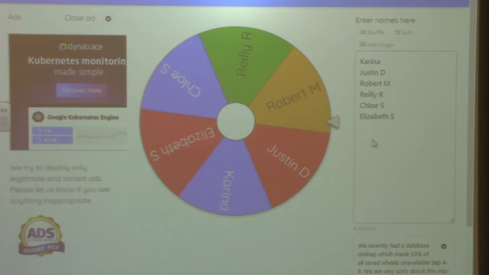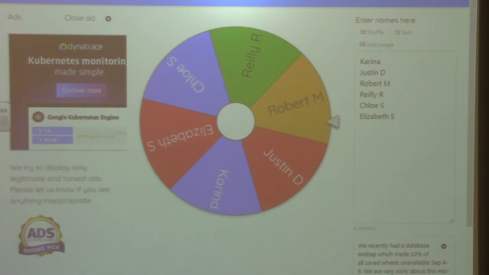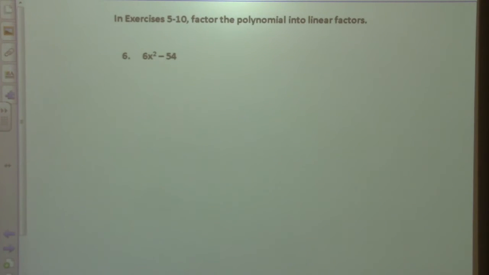So Robert, you are the man. Here we go, Robert. What do we got here? Factor 6. So he says 6 comes out here. So we have left x squared. What goes out here? Minus 9.